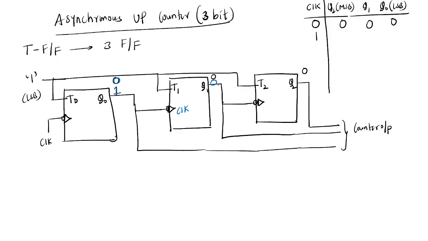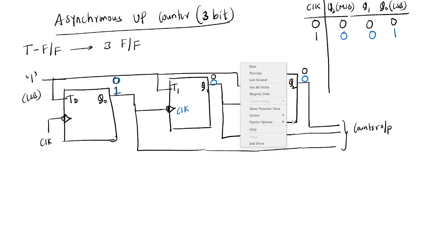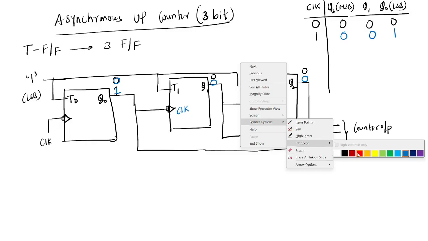So it will be in the previous state only. What is the previous state? 0. There is no transition in the clock, so it stays in the previous state. At the first clock pulse, Q2 is 0, Q1 is 0 and Q0 is 1. Is this fine? This one we have given as input, right?